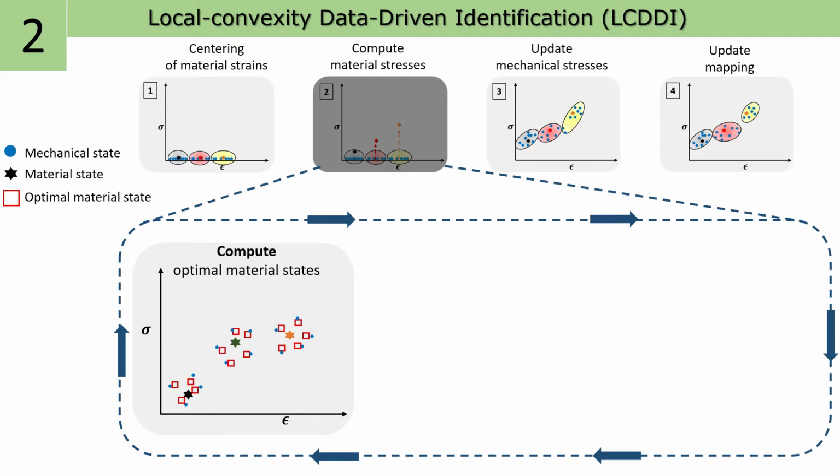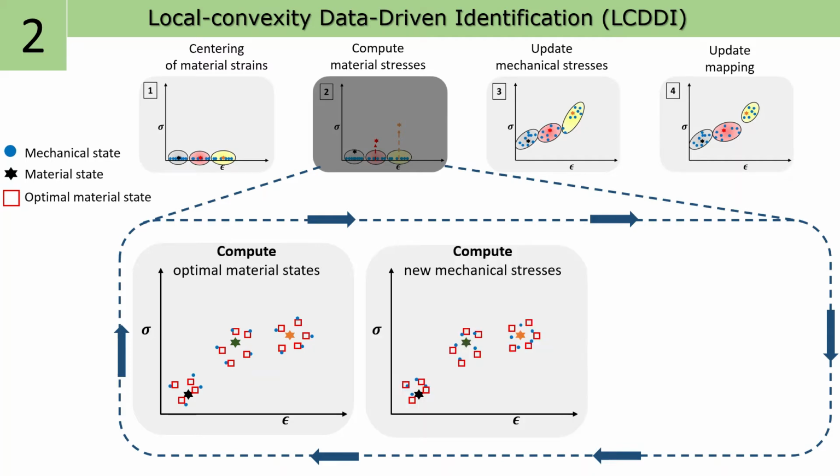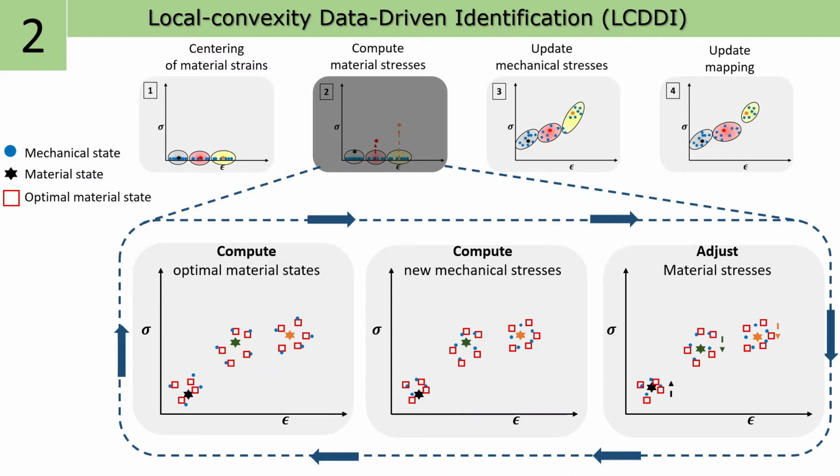In LCDDI now, we compute an optimal material state for each mechanical state. And after that, we compute new mechanical stresses based on those optimal material states. Then we adjust the material stresses based on the newly computed mechanical stresses. And we would iterate that loop until the material stresses are very stable. And because of this iterative process, we will obtain better material states in the end.